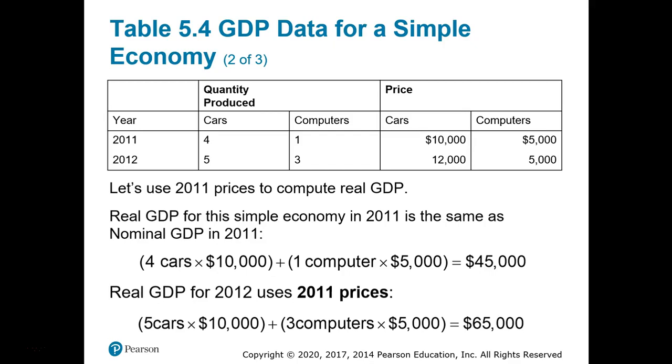But if we apply it to 2012, we had 5 cars times 10,000, that's 50,000, plus the 3 computers, 3 times 5,000, that's 15,000, and that's $65,000. There's a $10,000 difference in price. That $10,000 difference in price is inflation.